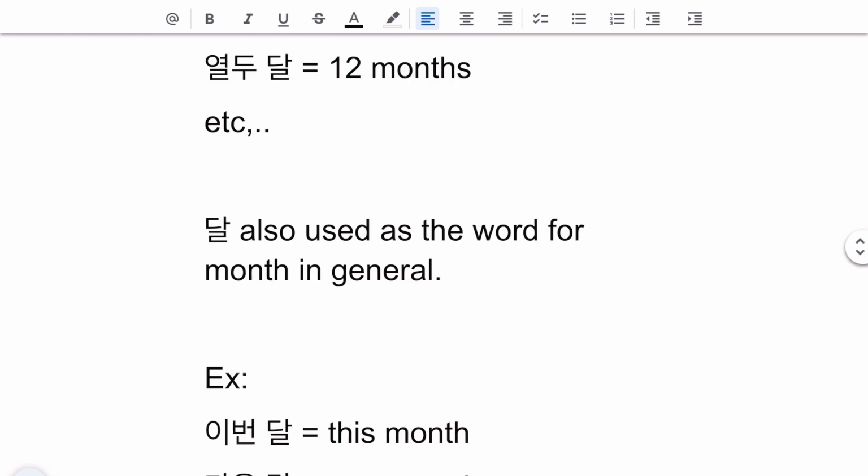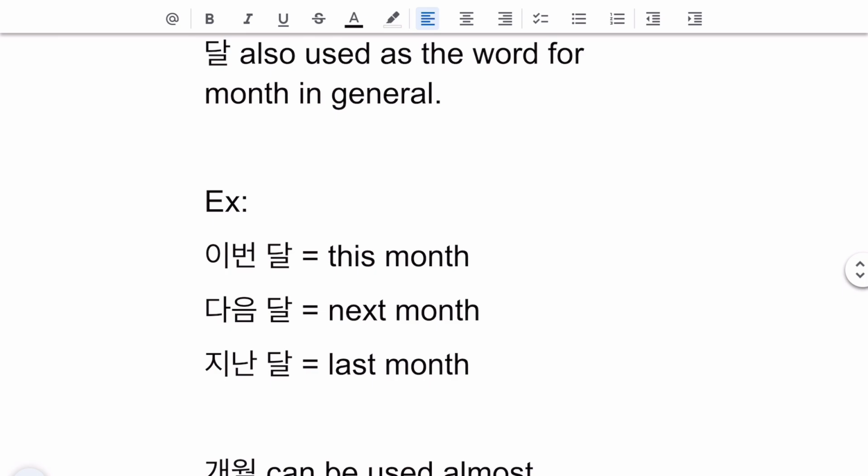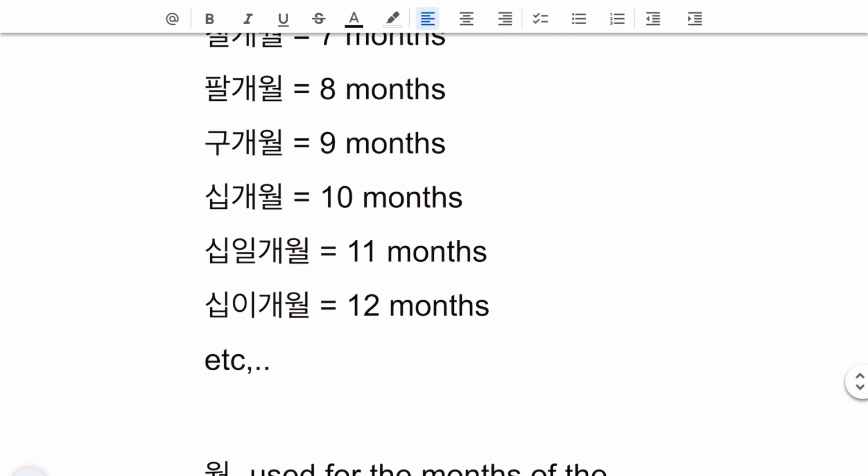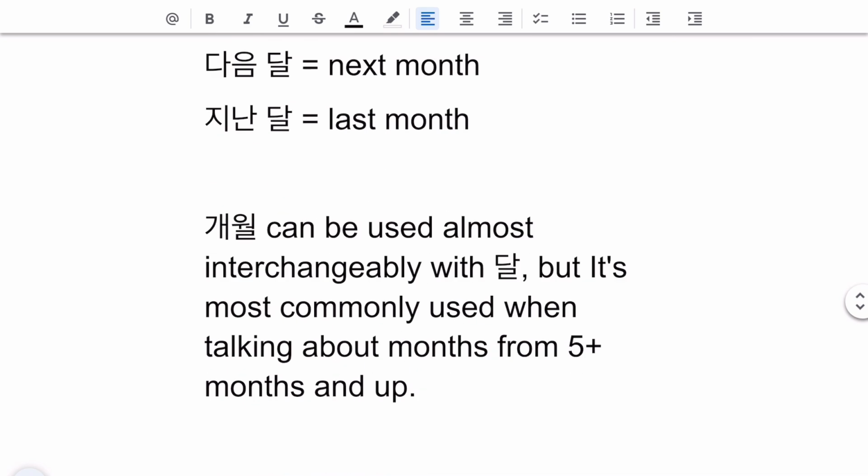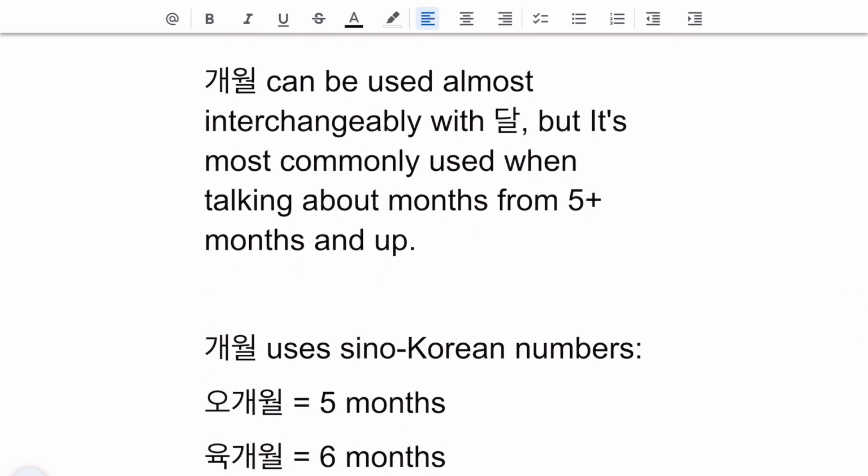And then 달 is also used as the actual word month. Of all the ones you look up from these three, they all are going to be translated as month, but 달 is the only one that's actually used as the word month. This month, next month, last month. 개월 is not the same. 개 is actually a counter word, as we were talking about before. If you've studied them before, you know 개 means thing, a general thing.